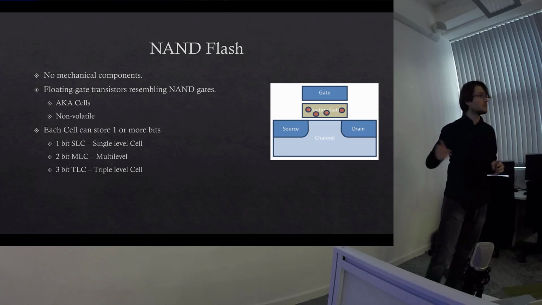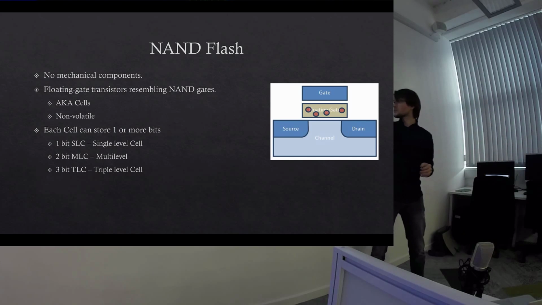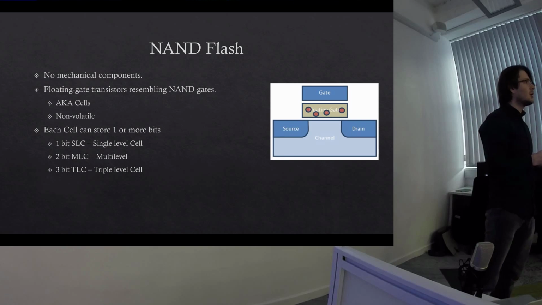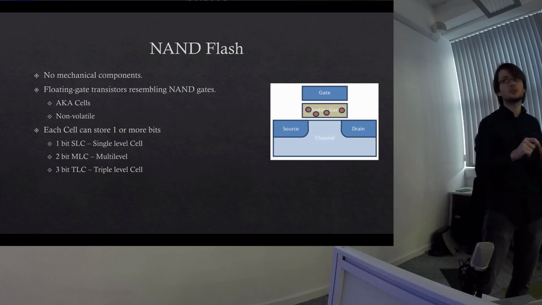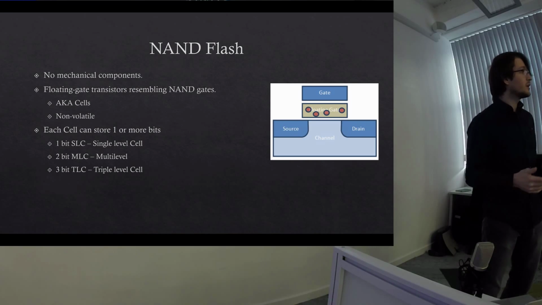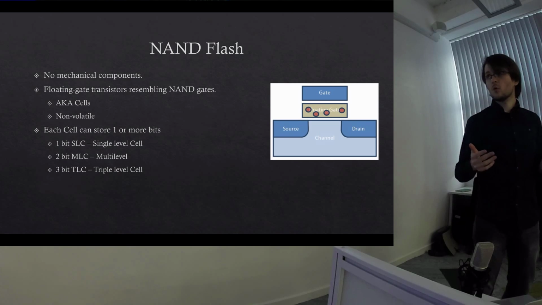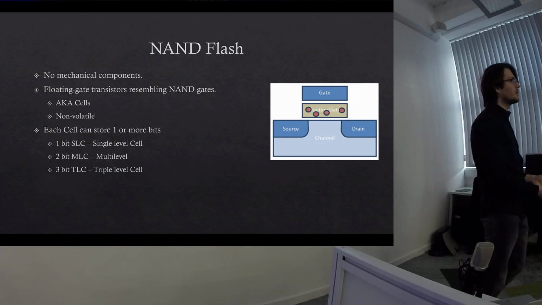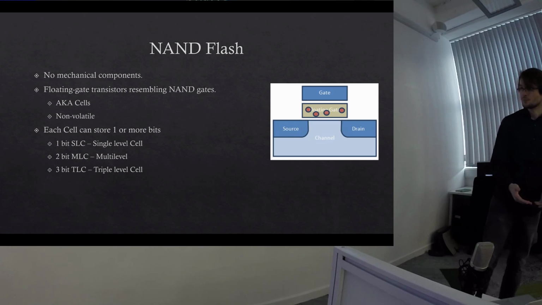If you've ever seen transistor diagrams, you'll probably notice the source, drain, gate, that sort of thing. So the idea is it's basically a transistor, but with an extra little bit added where you can actually store some information via a charge, and that's the floating gate part. That's not entirely important, but what is, is that it's non-volatile. So you turn your system off, you bring it back up, the data's still there. It doesn't disappear like system memory.